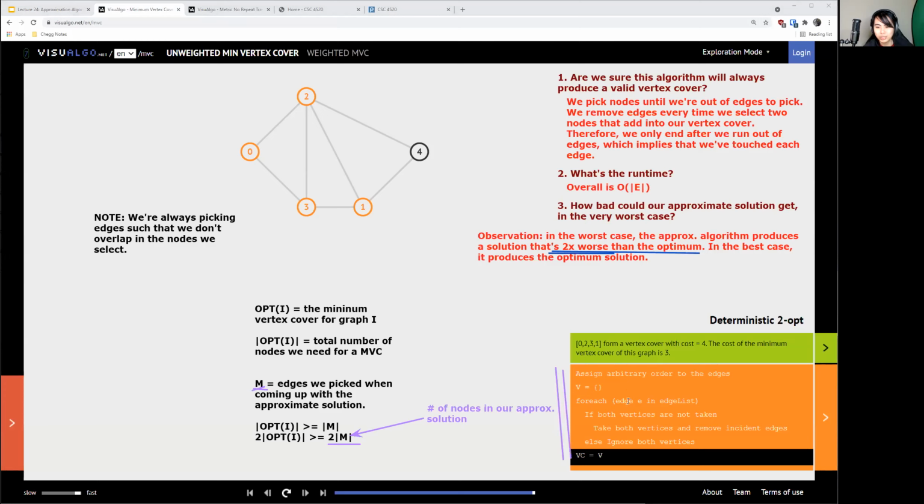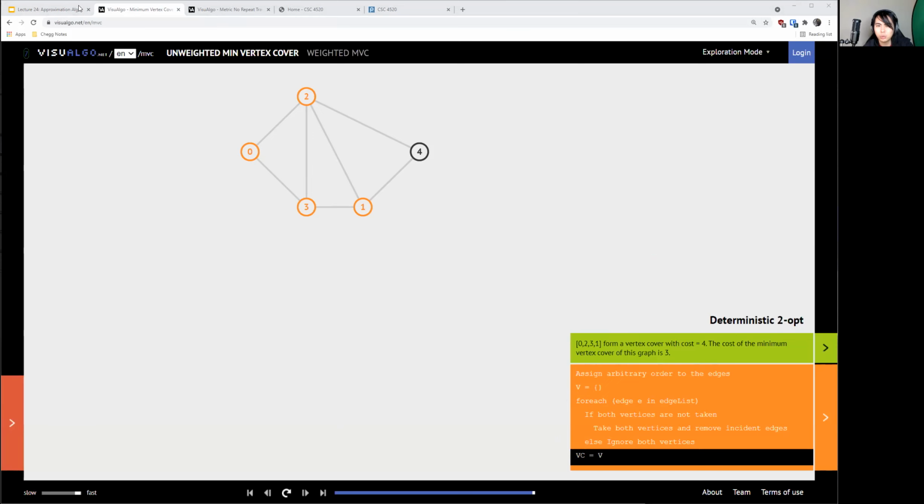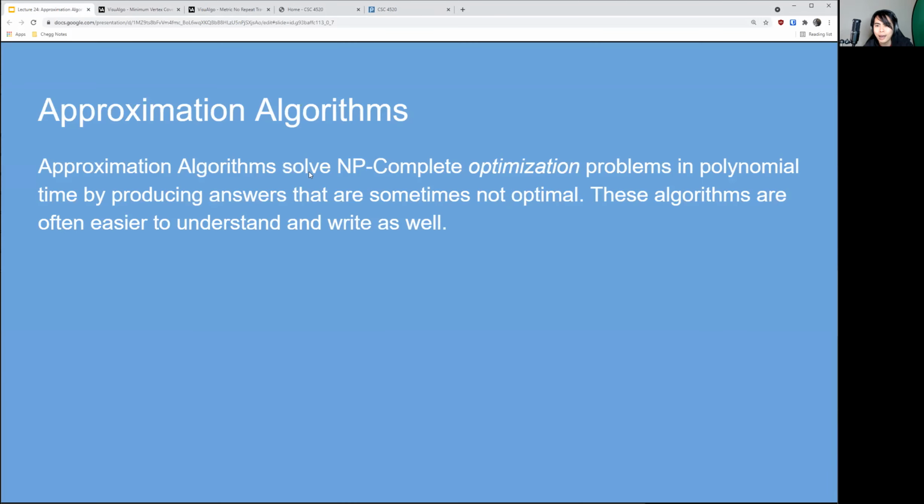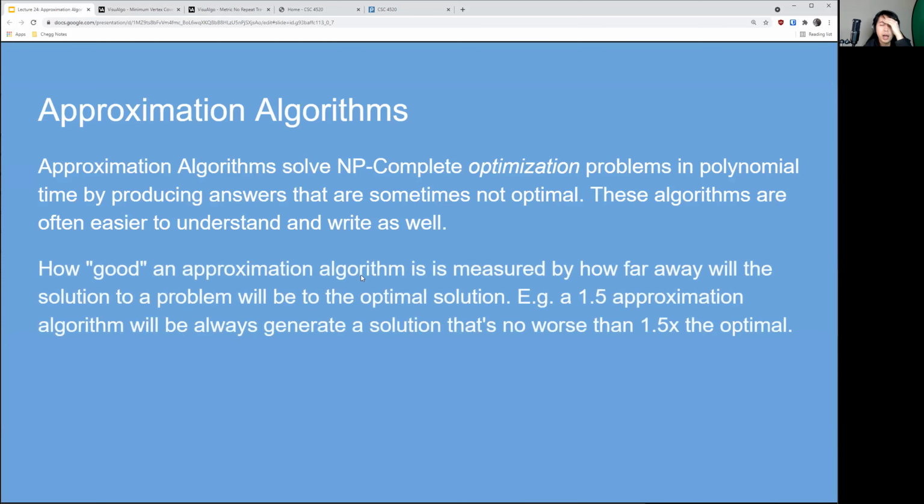We saw that this wasn't super hard to come up with, and if you had to code it, it wouldn't be the end of the world. It wouldn't be super difficult to code this out. But the runtime is very good. Sometimes it gives us a good answer, and we know that at worst, it's going to give us 2 times the optimum answer. Whatever the optimal number of nodes we would have, we would select at worst twice the number of nodes the optimal answer has.